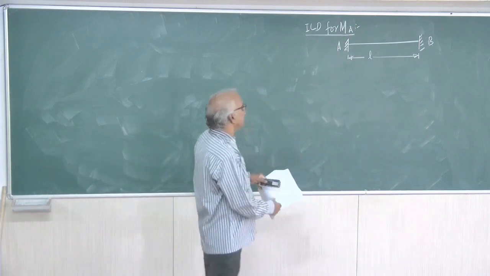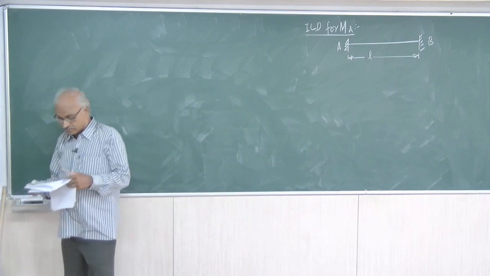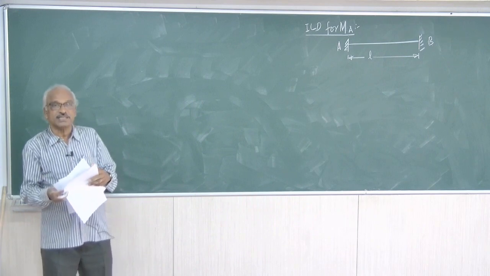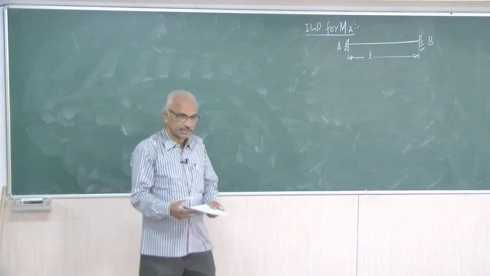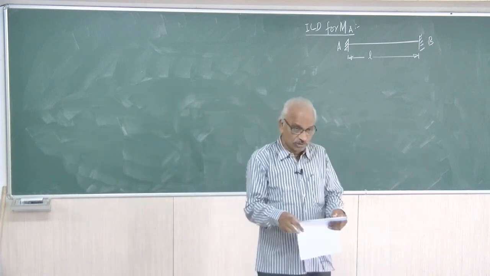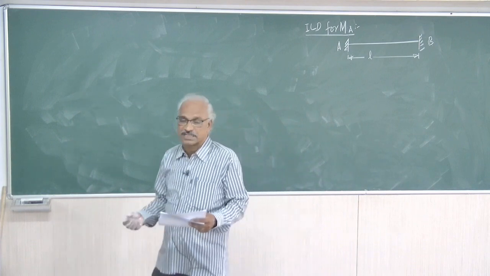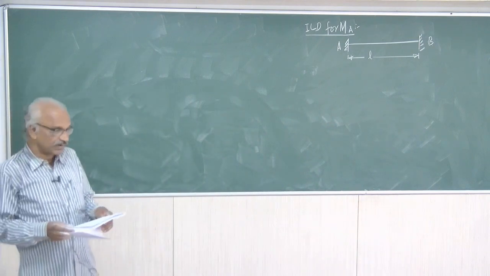Right. Now, for the same beam, we will discuss how to get the influence line diagram for the moment at A. So here, I think I may not do the full problem, but I will give you the outline and the viewers can work out, because this will take another 30 to 40 minutes.